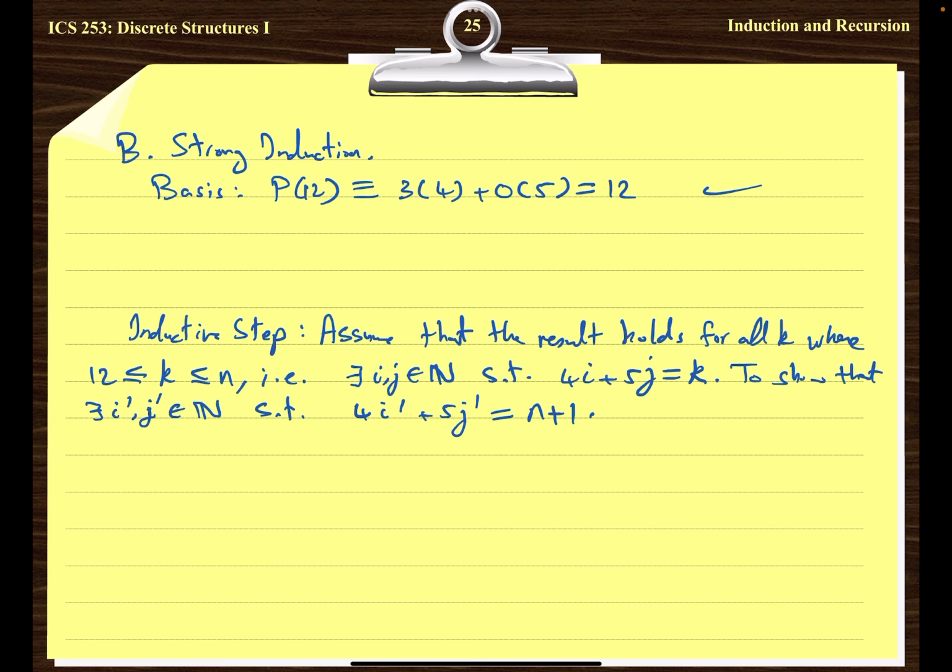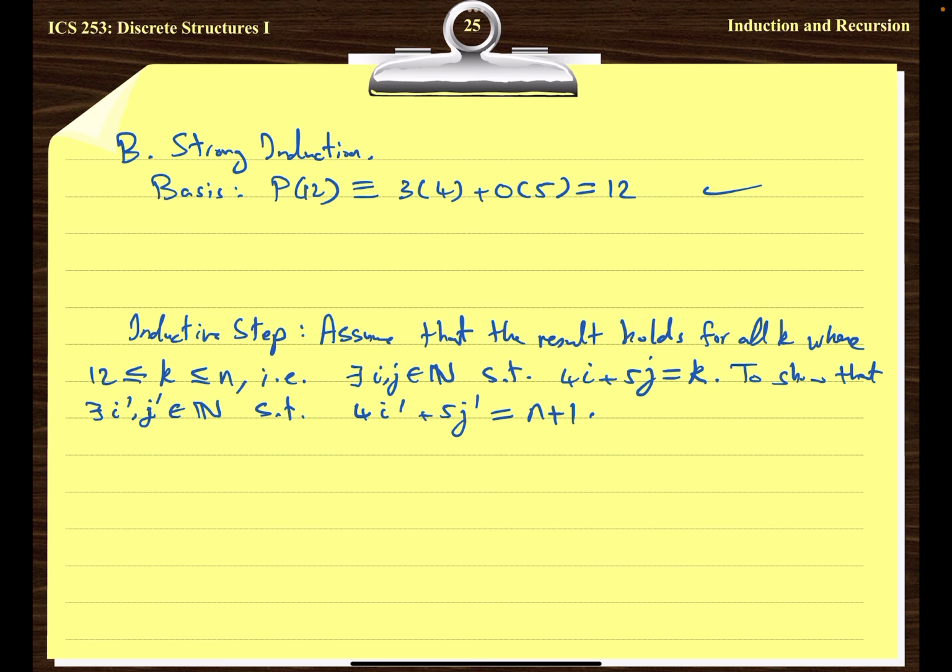What is your hypothesis? 4i plus 5j equals what? Equals k plus 1. No, I want n plus 1. What is your induction hypothesis? Yes. 4i plus 5j is between 12 and n. This is the induction hypothesis in general.